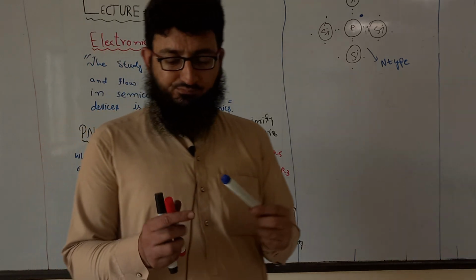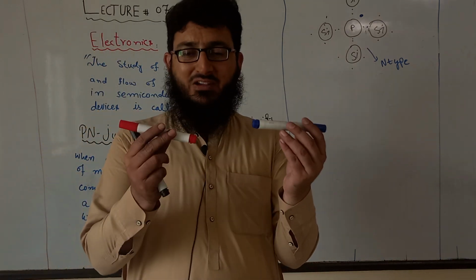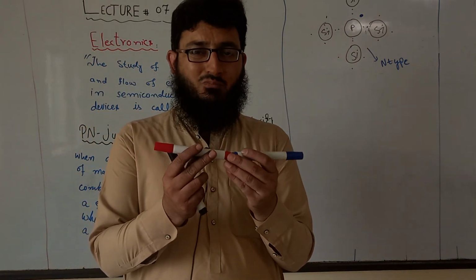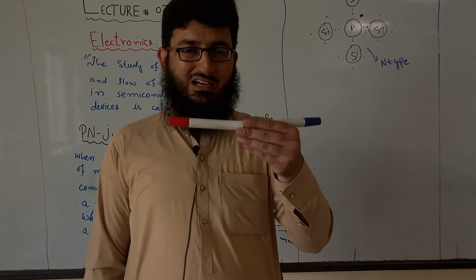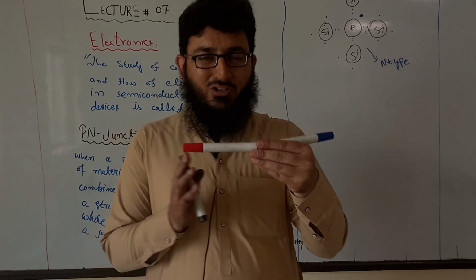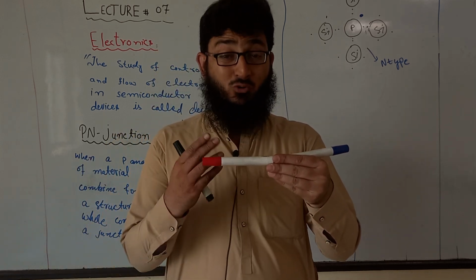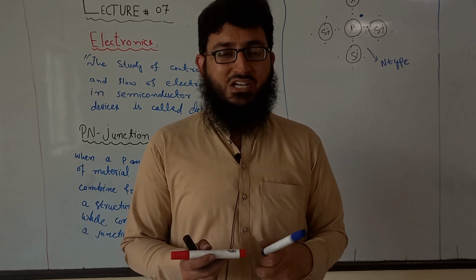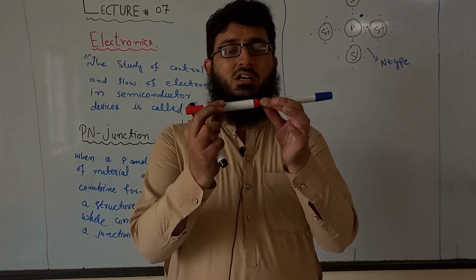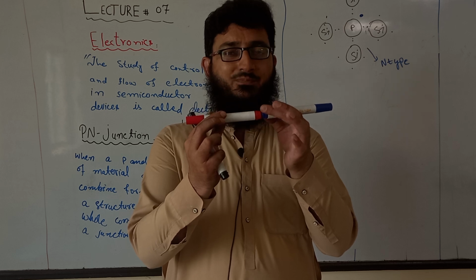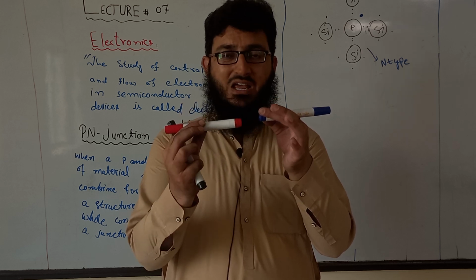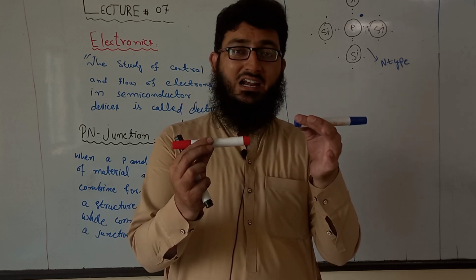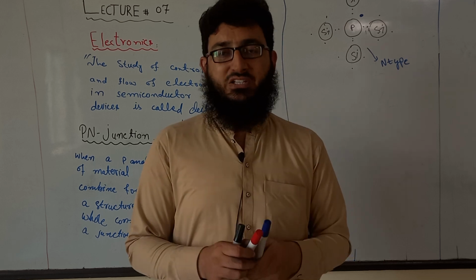If we take p type material and n type material and combine them through a particular process in molten form, they will solidify and give us a structure called a p-n junction. They are connected at a point called the junction, and one side of it is p type and the other side of it is n type. So as a whole it is called a p-n junction.